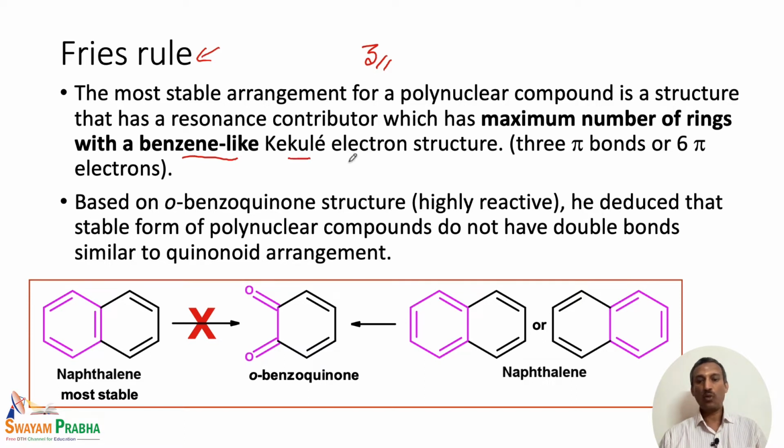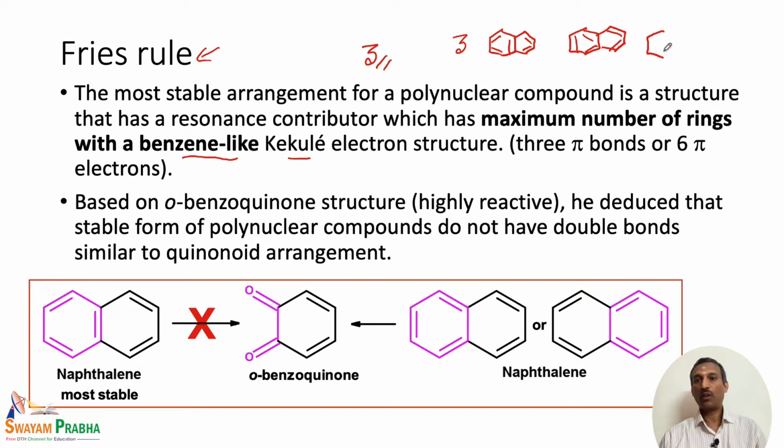If we go back to the previous one, we have 3 resonance structures. One is symmetrical, where there is a double bond at the ring junction, and on both sides each ring has 2 double bonds apart from the ring junction. In the other 2 structures, one of the end rings has the double bond structure.